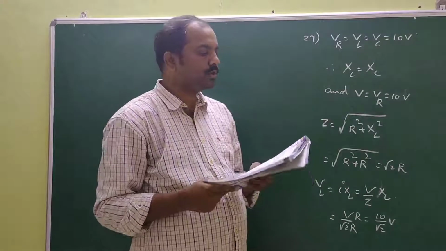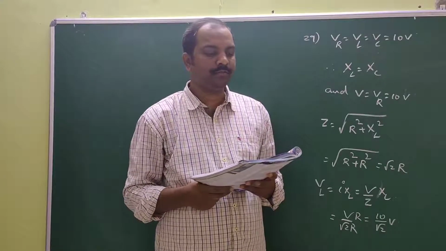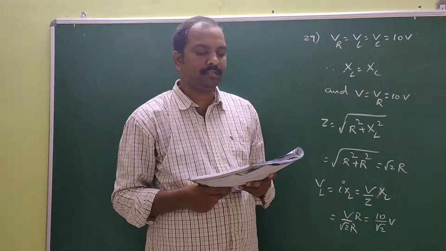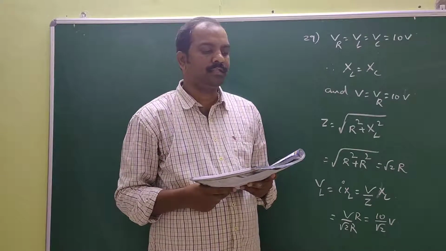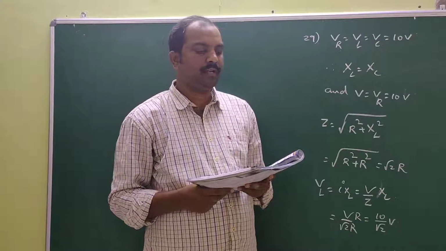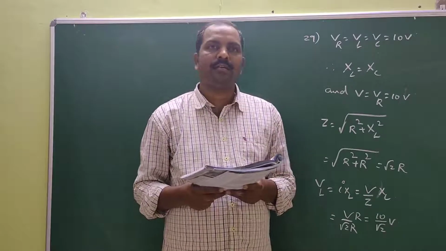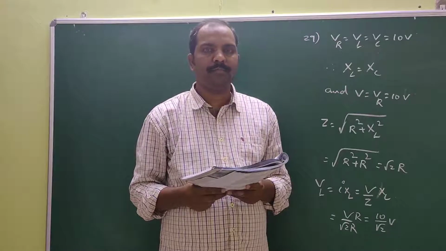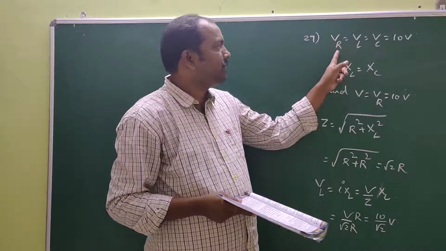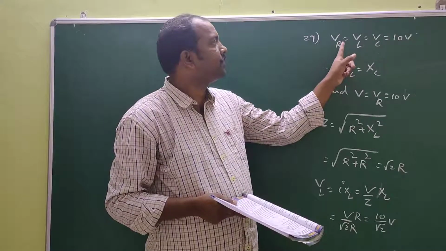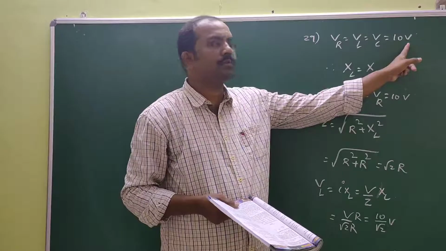Next question 29. In a series LCR circuit, the voltage across the resistance, capacitance and inductance is 10 volt each. If the capacitance is short circuited, the voltage across the inductance will be. What is that? In an LCR circuit, the potential difference across inductor, resistor and capacitor are all equal to 10 volt.